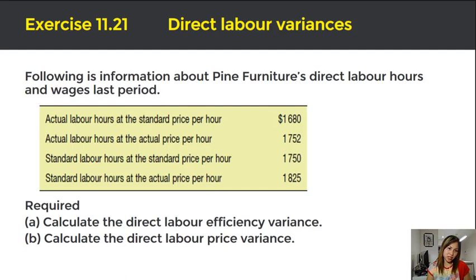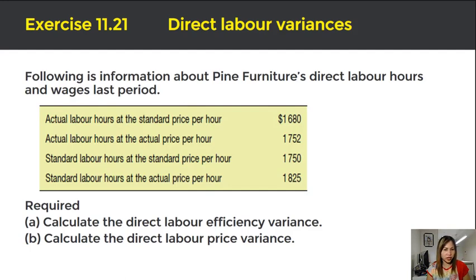Actual labor hours at the actual price per hour, 1,752. Standard labor hours at the standard price per hour, 1,750. Standard labor hours at the actual price per hour, 1,825. Required: first, calculate the direct labor efficiency variance. The second one, you need to calculate the price variance.